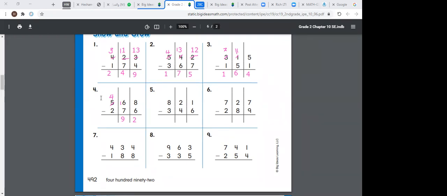Stop. Equal to 2. That's right. So the answer equals 292. My lovely boys, please write 292. Thank you, Abdulaziz. Bye.